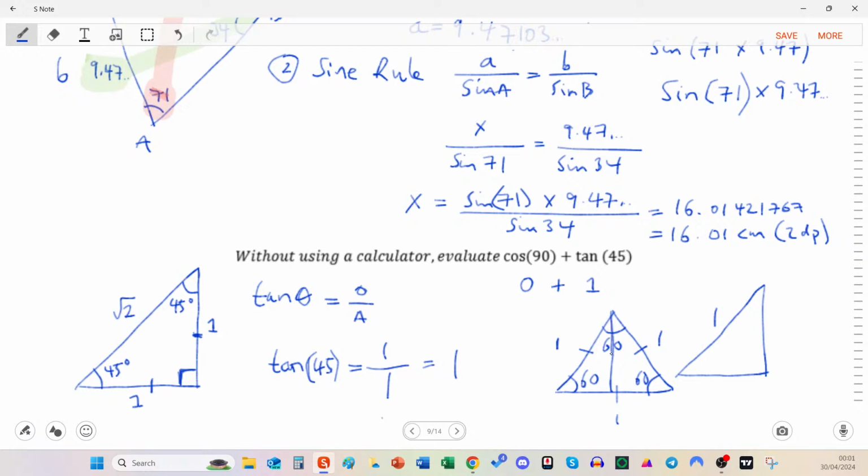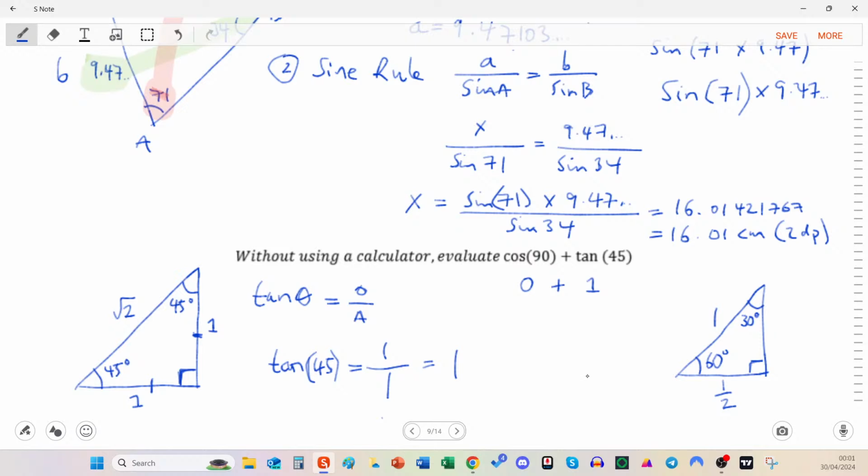If this drops down the middle, then that's going to make this a half. This remains 60 degrees. This became 90, and this is half of what it was before. So we've got all the angles.